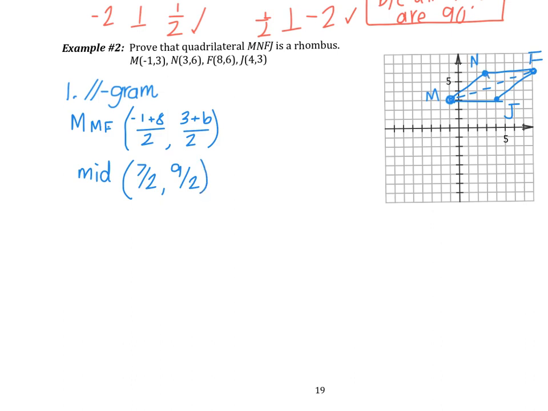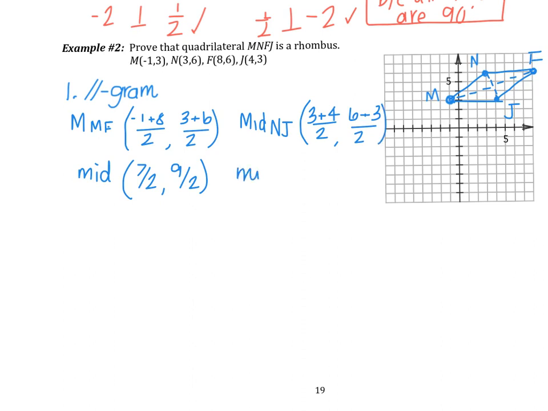Now I need to prove that it's the same midpoint of NJ. Make sure those are bisected. So midpoint of NJ, let's add our x's, divide in half, add our y's, divide in half.